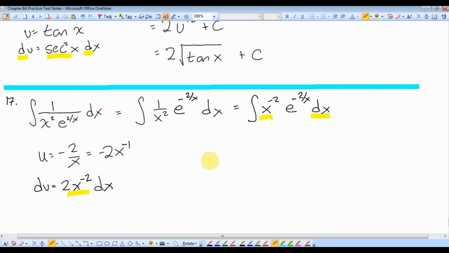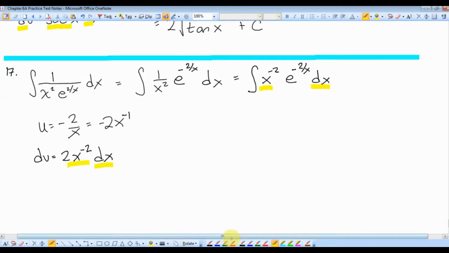Look, I have a dx. So you just need the negative 2x to the negative 2 dx equals du, so x to the negative 2 dx equals 1/2 du. So I'm trading that for 1/2 du. This becomes e to the u.